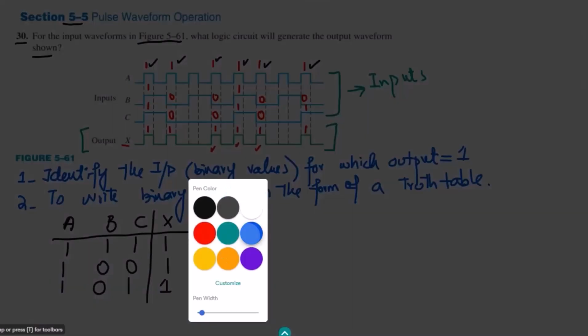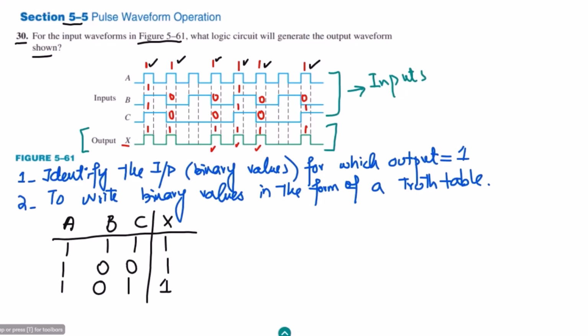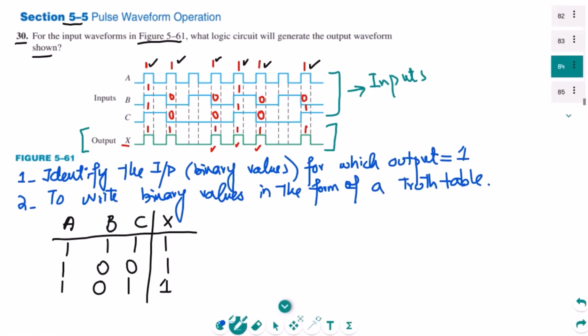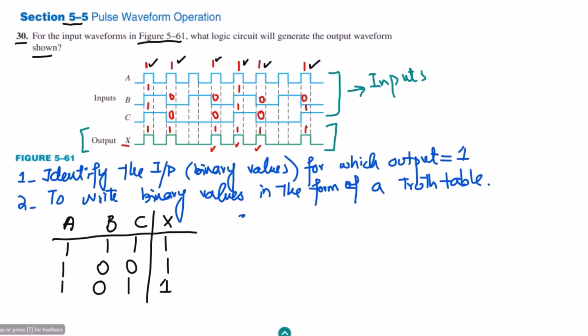After finding them, we will have step number 3. So let me write step number 3 here. In step number 3 we have to find the SOP form from this truth table.